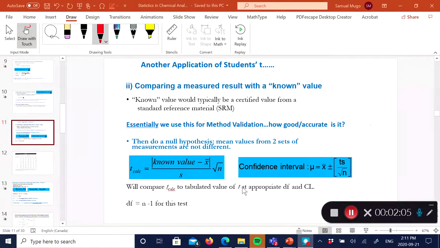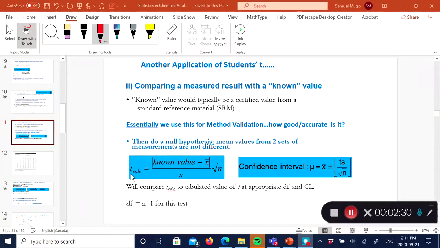We divide on both sides, multiplied by the root of n. And based on the null hypothesis, where you take the measured value, you indicate they are not any different between the measured value and the standard reference material, and then you test that null hypothesis.